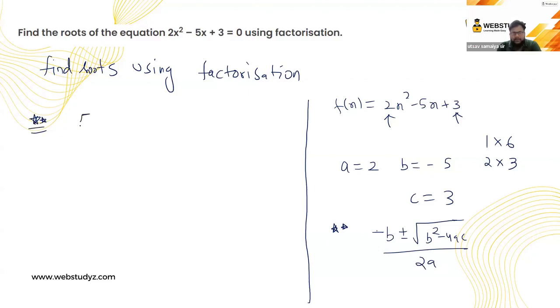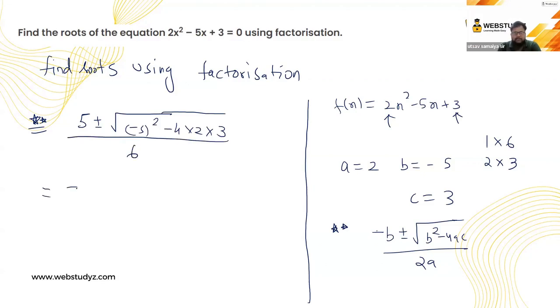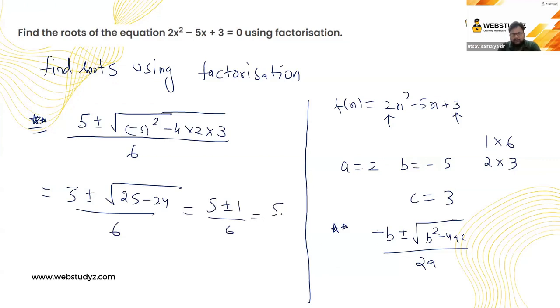So it is going to be 5 plus minus square root of minus 5 square minus 4 into 2 into 3, divided by 6. So 5 plus minus square root of 25 minus 24 divided by 6. So 5 plus minus 1 by 6. So answer would be 5 plus 1 by 6 and 5 minus 1 by 6.